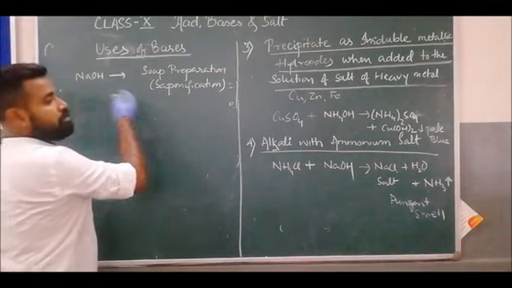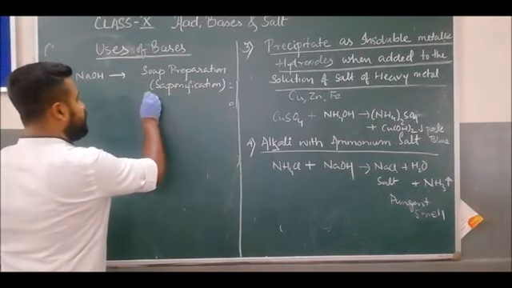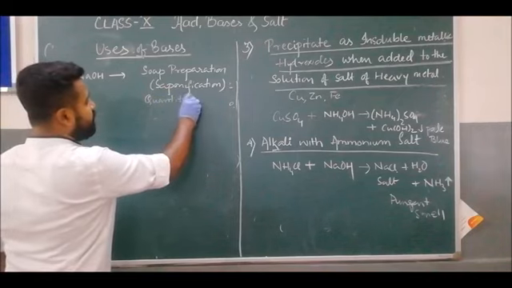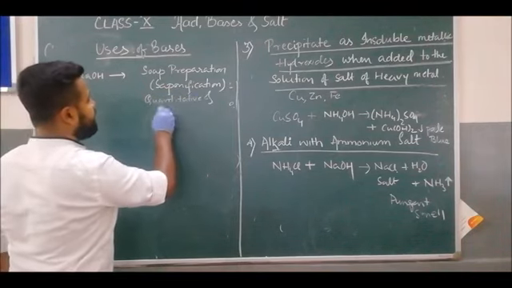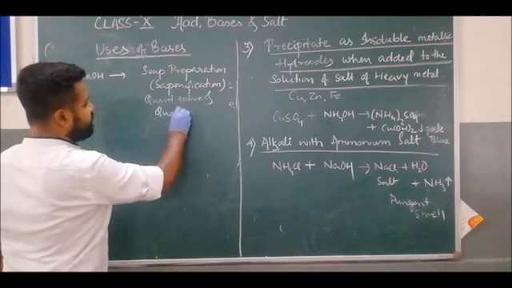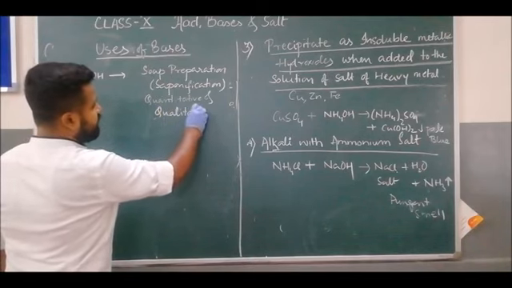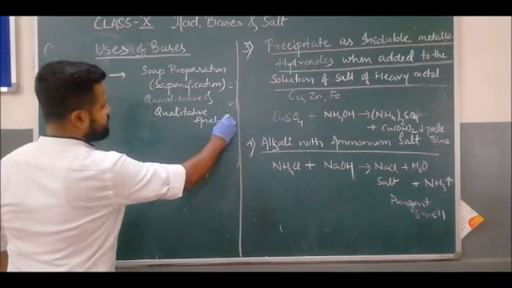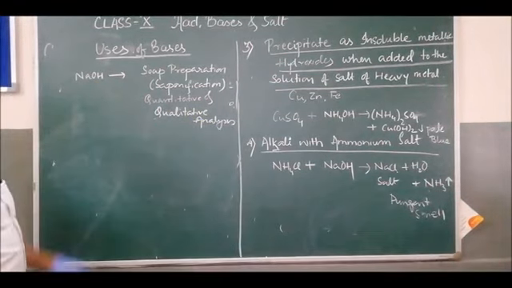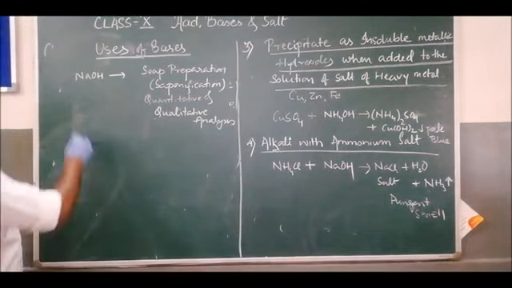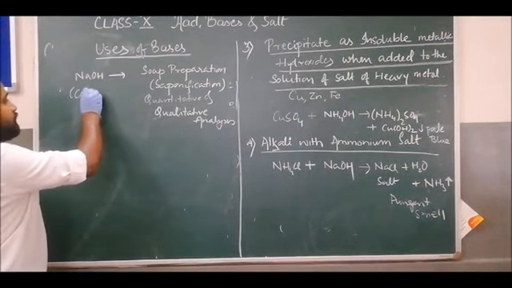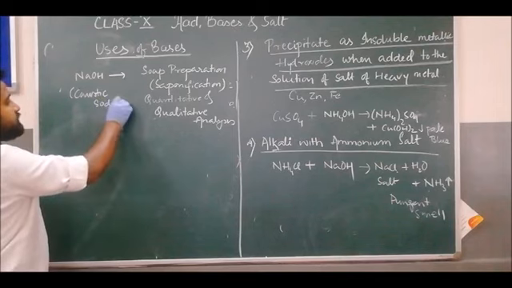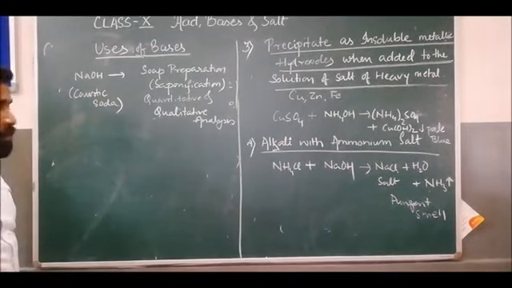Similarly, it is also used in the laboratory for quantitative and qualitative analysis. So these are the uses of sodium hydroxide, which is also called caustic soda. The commercial name of sodium hydroxide is caustic soda.